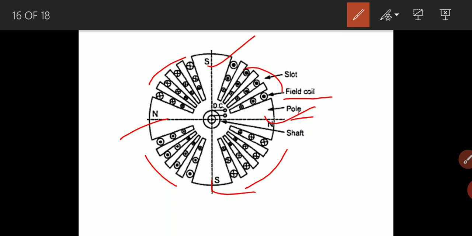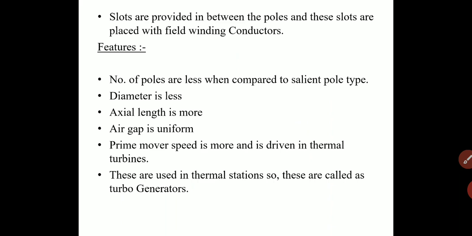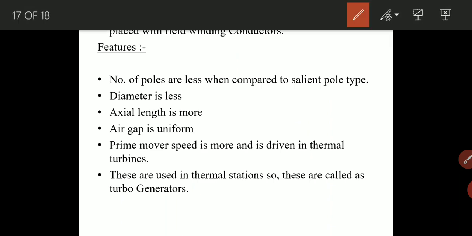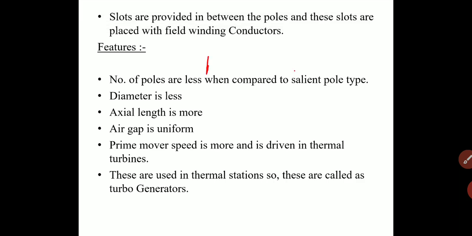So in case of the cylindrical type, slots are provided in between the poles, and these slots are filled with field winding conductors.